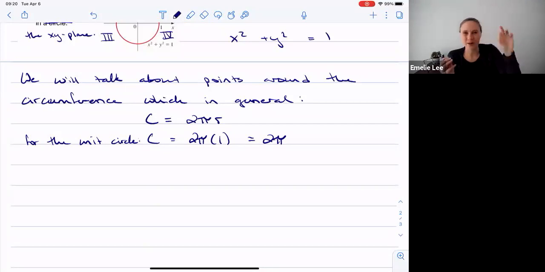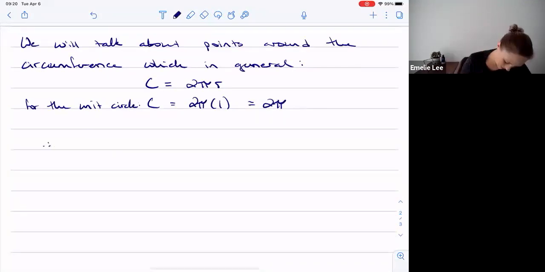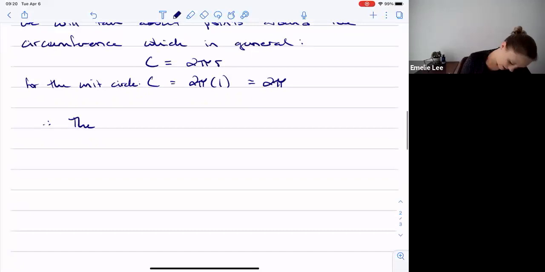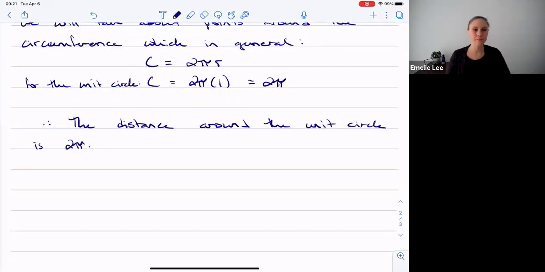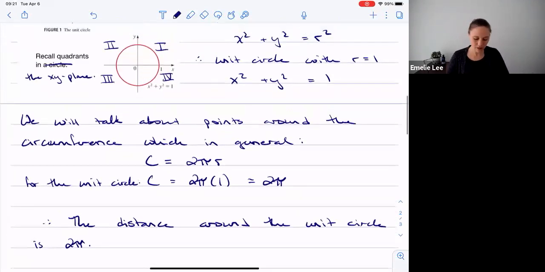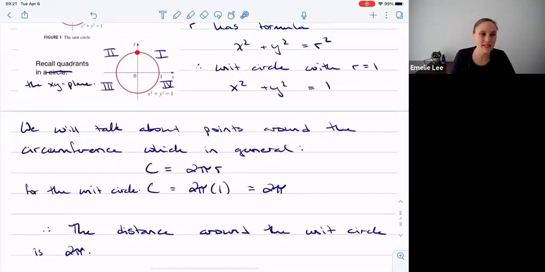So the distance around a full loop is 2 pi. Therefore, the distance around the unit circle is 2 pi. So from any starting point, we've gone around one loop, a distance of 2 pi.